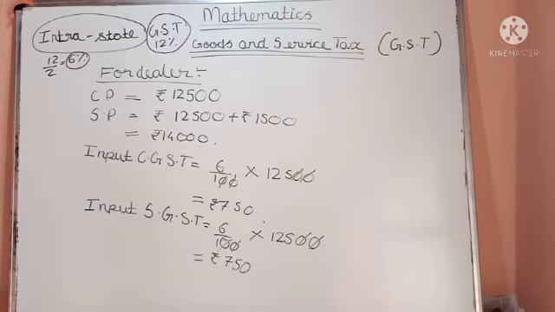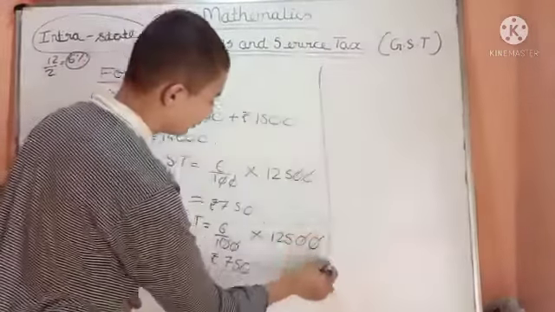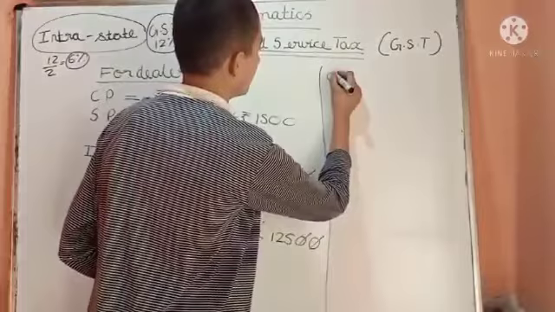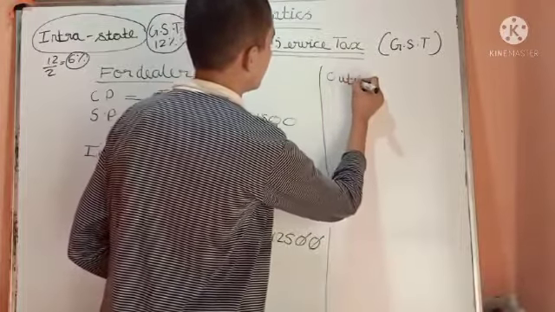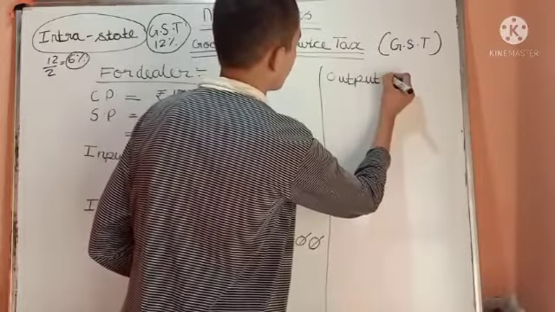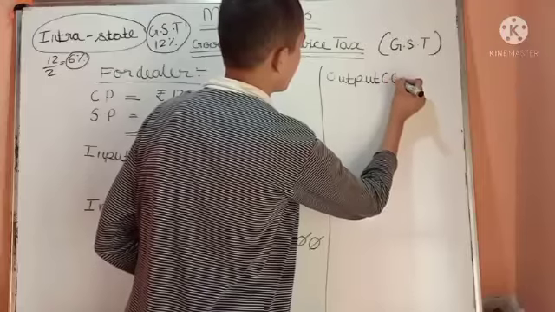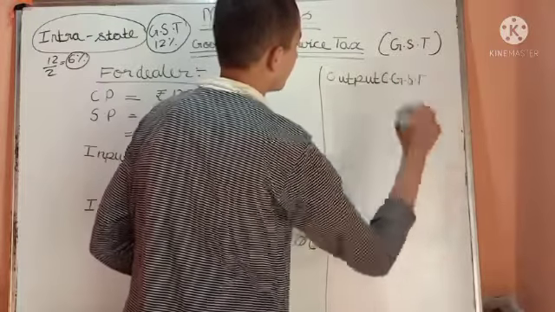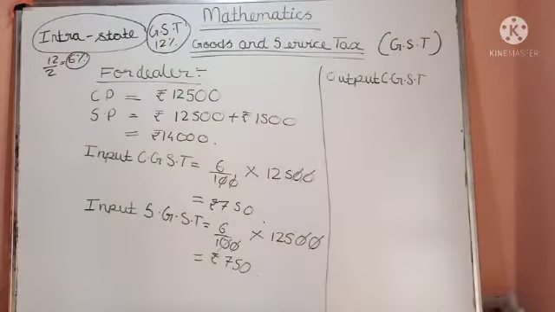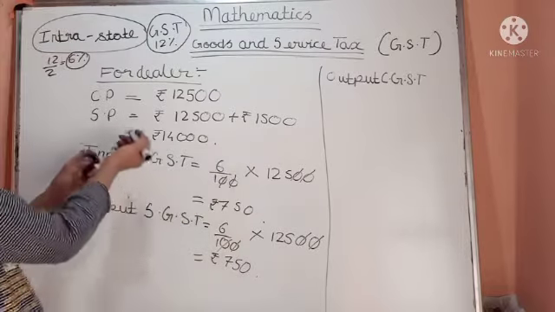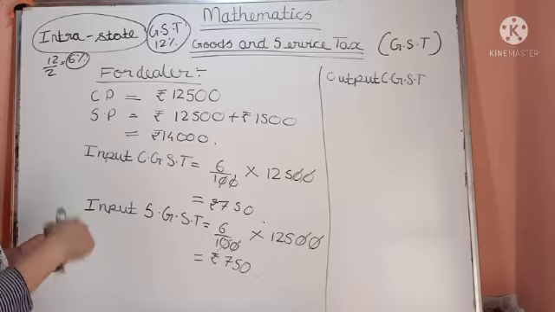Now output CGST and output SGST. Output CGST will be applied on the SP, his selling price.